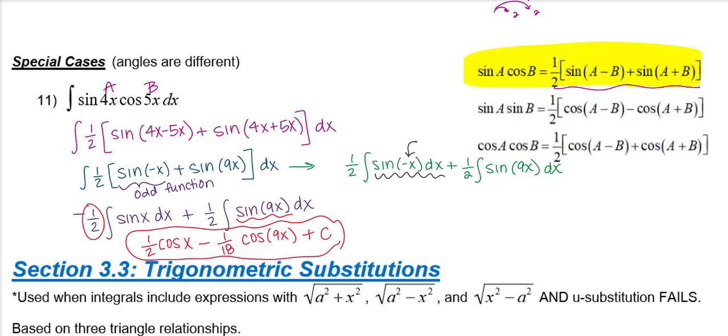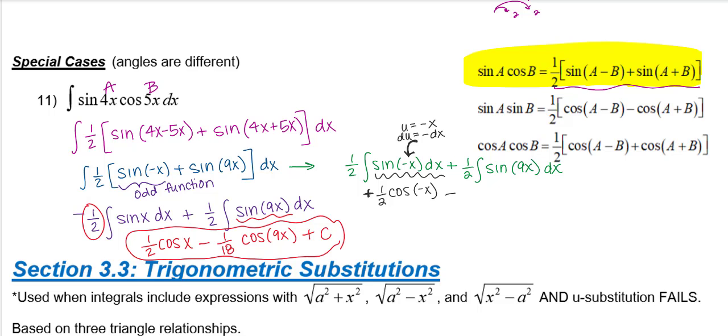So if you were doing the derivative of sine of negative x, you would get cosine of negative x, and then you would have to multiply by a negative 1 for that chain rule. Or in your u substitution, u is negative x, so du is negative dx. So I can put a negative out front, and then the antiderivative of sine of an angle is negative cosine, so this will turn that 1/2 positive, cosine of the angle.